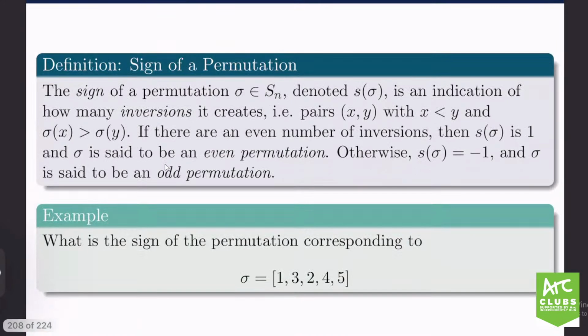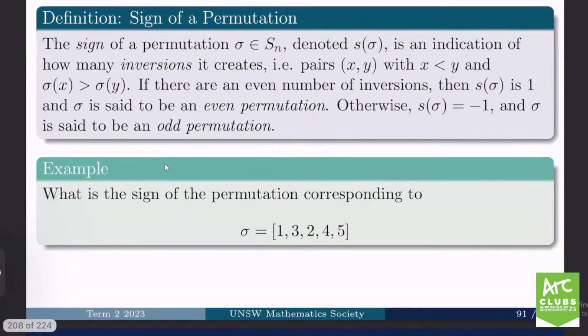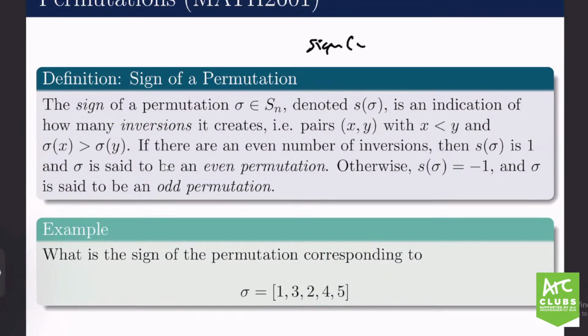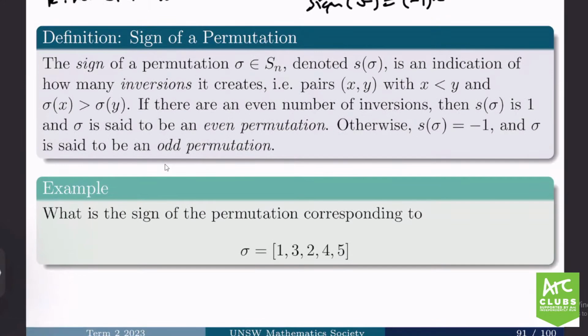Now, we can look at this idea called the sign of a permutation. The sign of a particular permutation is an indication of how many inversions it creates. The actual sign of a permutation will be the number (-1) to the power k, where k is the number of inversions. An inversion is whenever a number that is originally smaller in the original set gets mapped to a position after a larger number under the permutation.